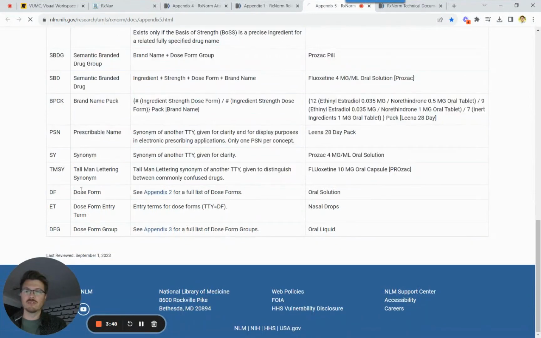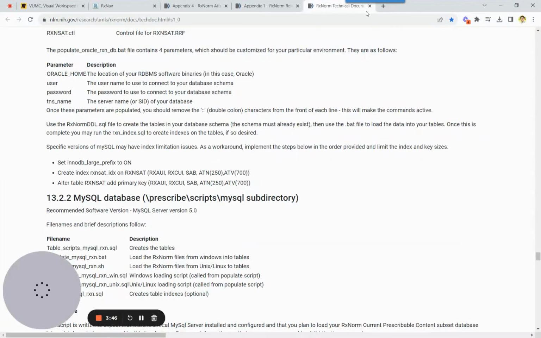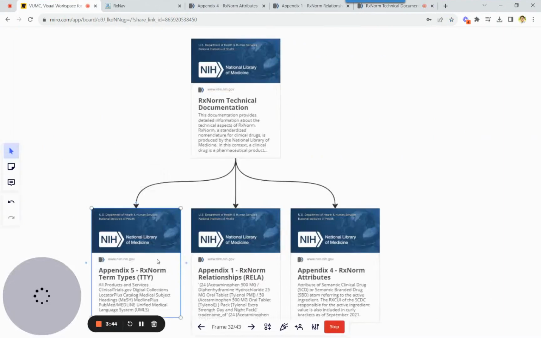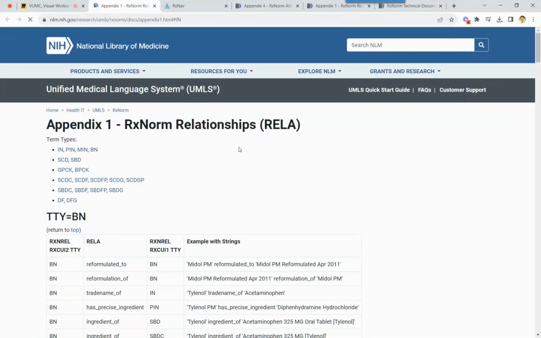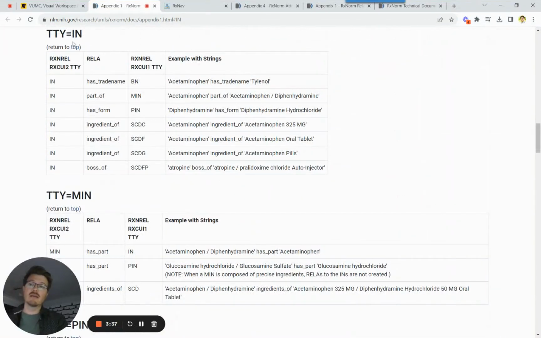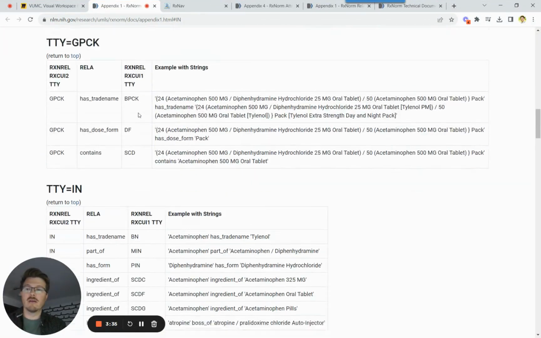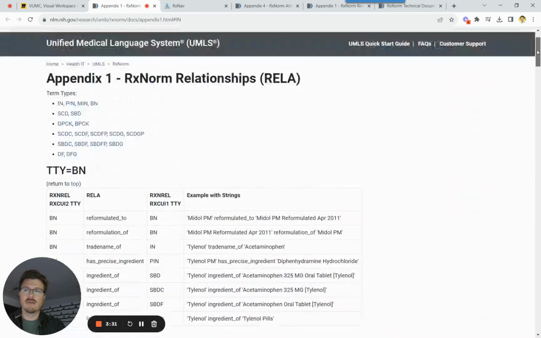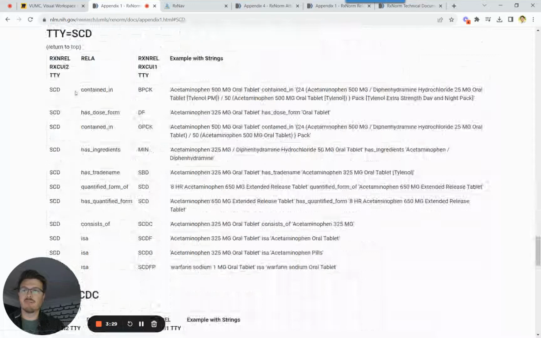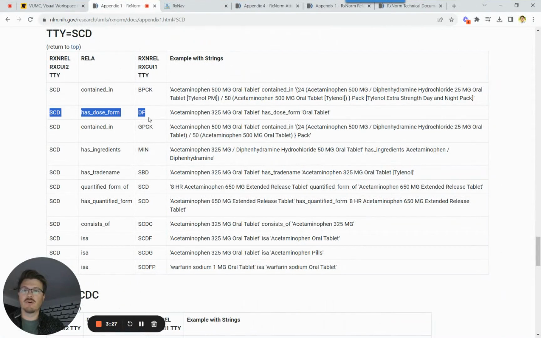Dose forms versus dose form groups. So those are all term types. And then RxNorm maintains relationships between those term types, so you can get from multiple ingredient to an individual ingredient, go from product to a dose form.